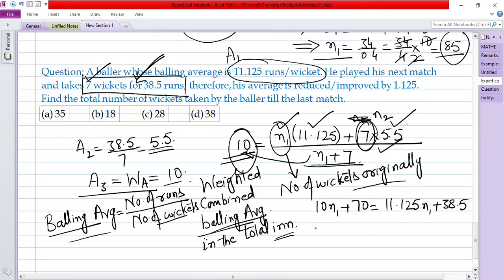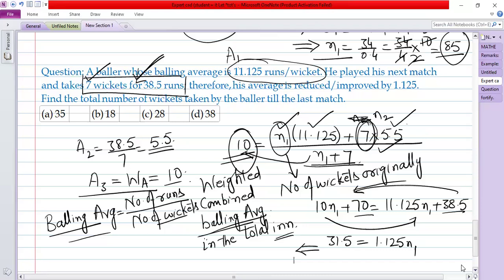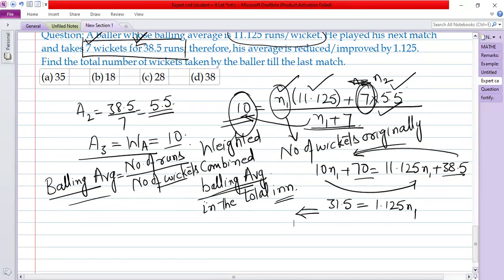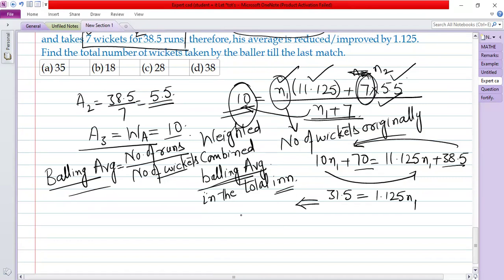Now shifting this to this side and this to this side, obviously 70 minus 38.5 will give us 31.5, and then we will have 1.125 and 1 and 1. So this will imply that N1 is given by 31.5 divided by 1.125.